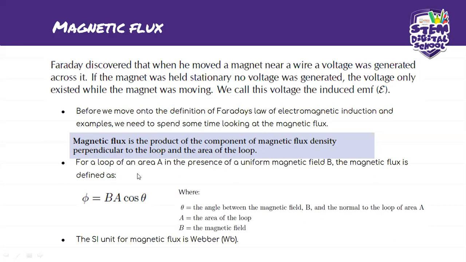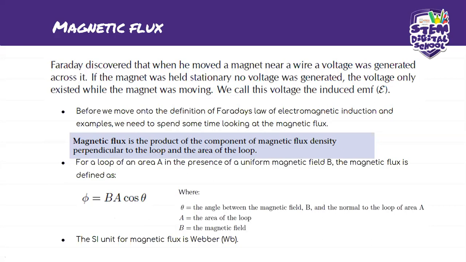For a loop of area A in the presence of a uniform magnetic field B, the magnetic flux is defined as the magnetic field times the area times the cosine of the angle between the magnetic field B and the normal to the loop area A. Remember, it has to be perpendicular, so there should be an angle between the two.